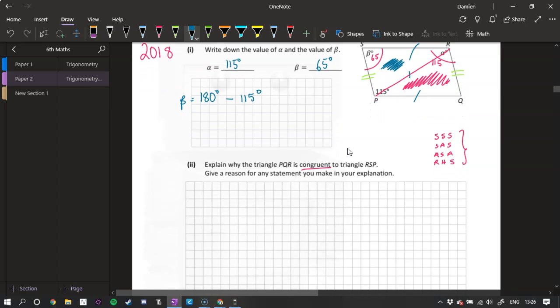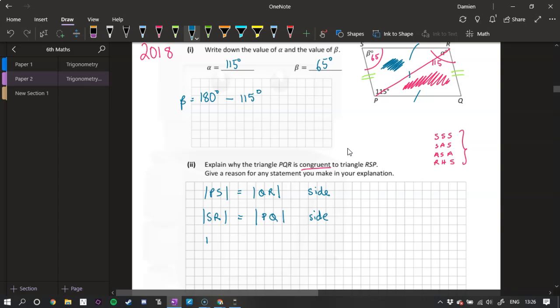So the way to write this down is PS is equal to QR, and that's a side. You can also do SR, or RS, is equal to PQ. That's another side.